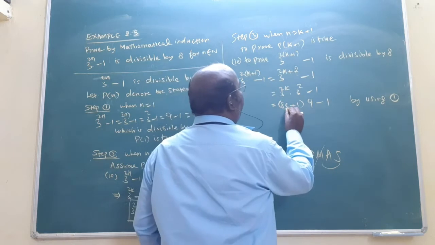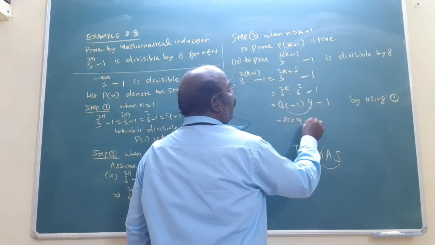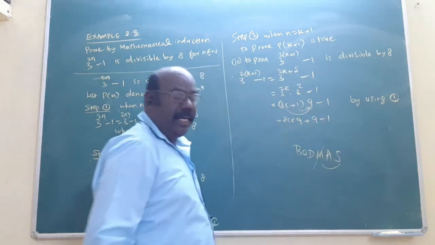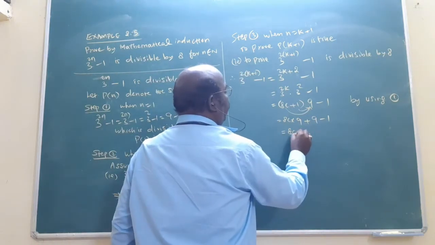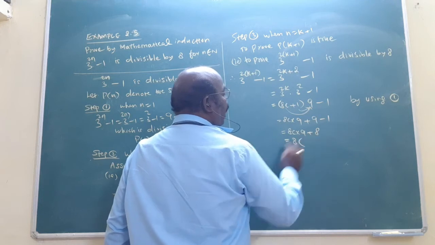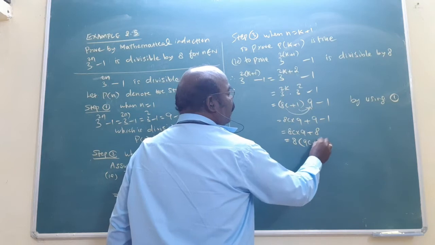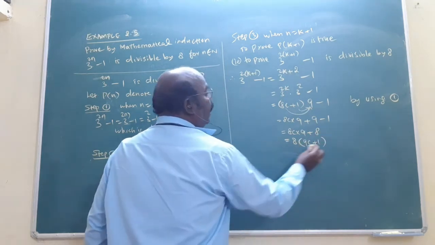Therefore, multiply 8c into 9, and 1 into 9. 9 ones are 9, minus 1. Am I right? Next step, now subtract: 8c into 9 plus 8. Out of these two terms, 8 is common. What is the term? c into 9, that is 9c, plus 1. Now 8 into something means it is divisible by 8.